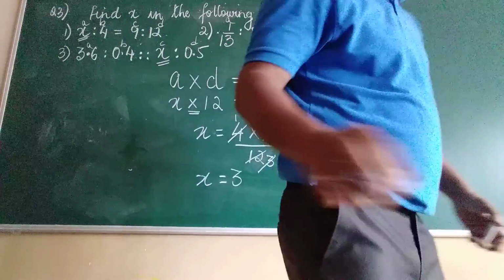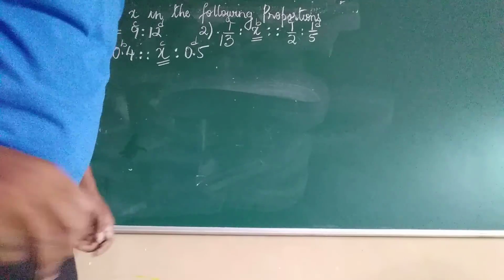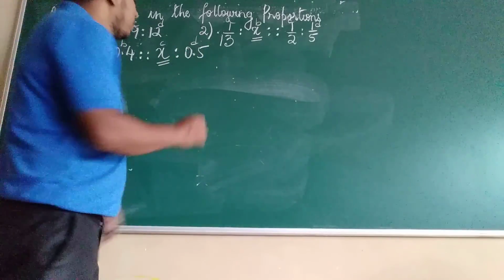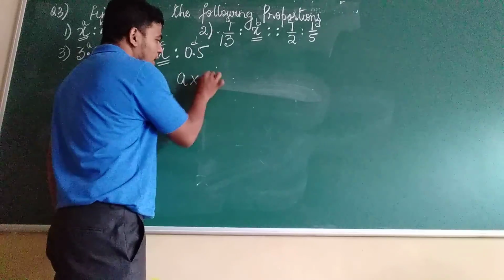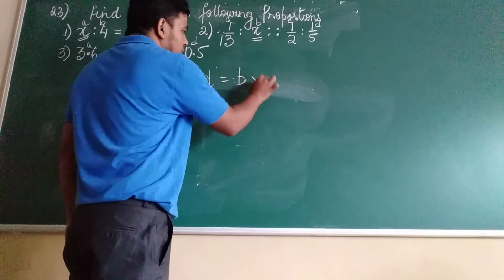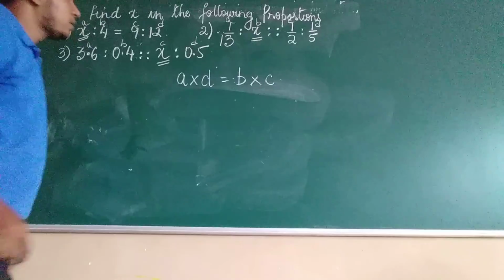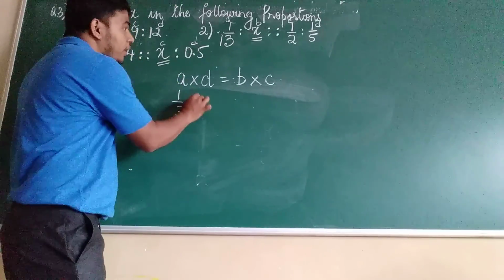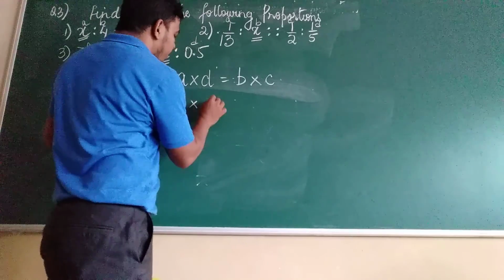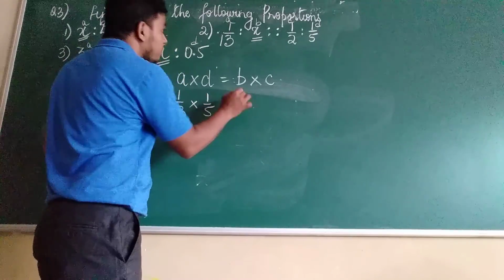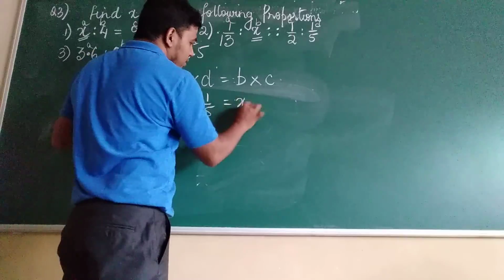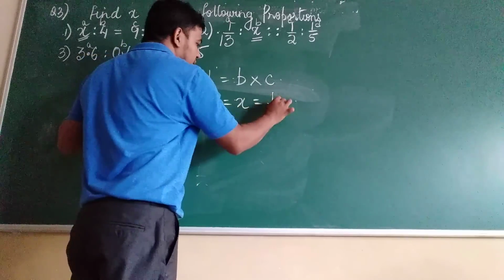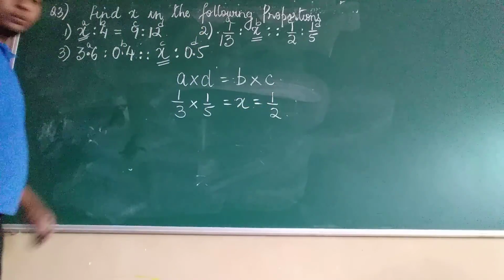Okay, got? Okay, now the second one, same formula. A into D is equal to B into C. So A is 1 by 13, B is 1 upon 5, D is x, and C is 1 by 2.